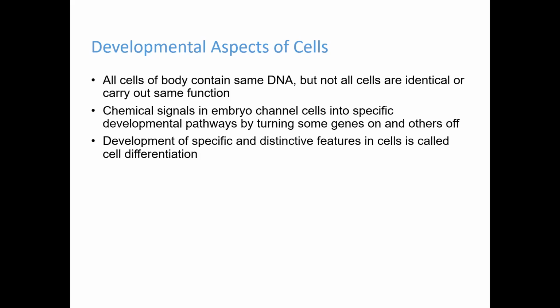The cells differentiate very early on. When development starts at the point of conception, we have very rapid cell growth occurring, so that we go from one single cell on day 1 of conception to day 7, the date that we implant in the uterus.